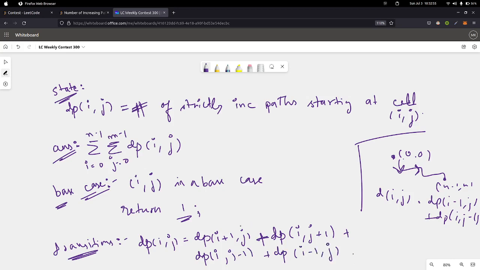So these four dp function calls represent the four adjacent cells, and of course for all valid I comma j.